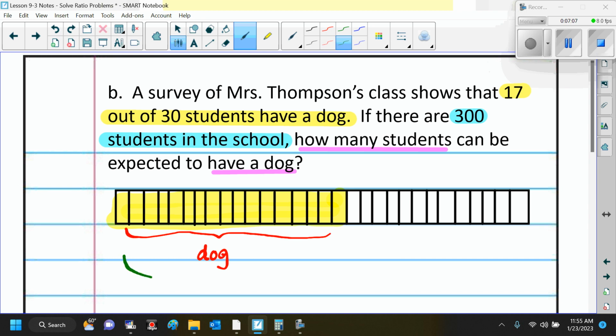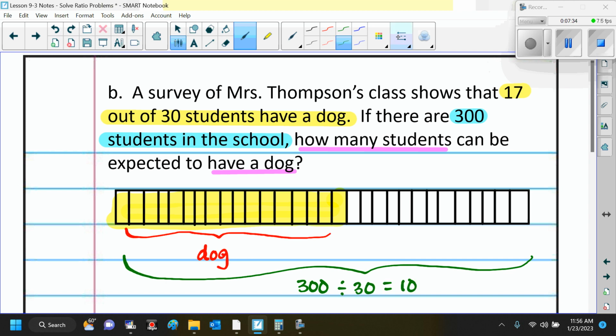How many is the whole thing? The whole thing is 300. The total is 300 students, right? Now, how do I find out what number goes in each one of those boxes? 300 divided by 30. Very good. That gives me 10. So that tells me that 10 is in each one of these boxes. Is everybody clear with that? So those are 10s.